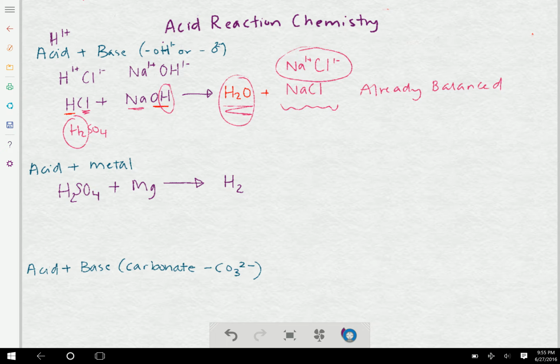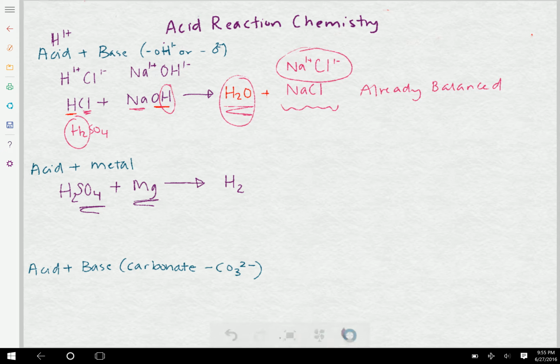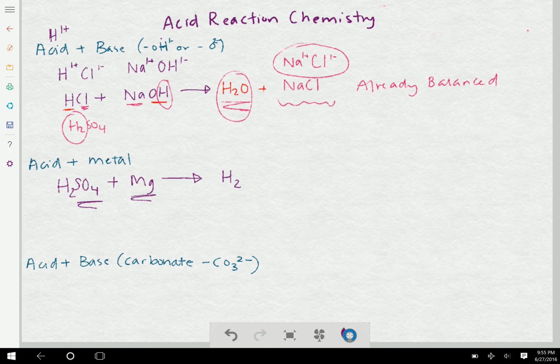And we also have the leftover stuff, just like we did before. This time I've got the metal being my cation, and then the polyatomic sulfate group here as being my anion. Oops, I just said the wrong one, anion. So Mg is a 2 plus, SO4 is a 2 negative.